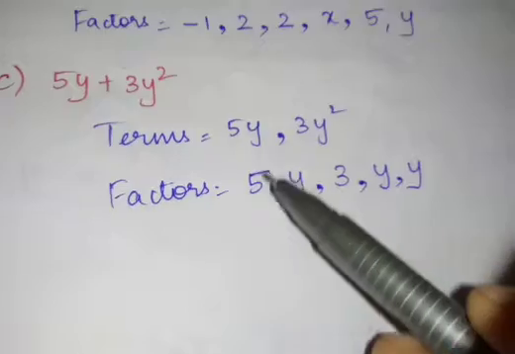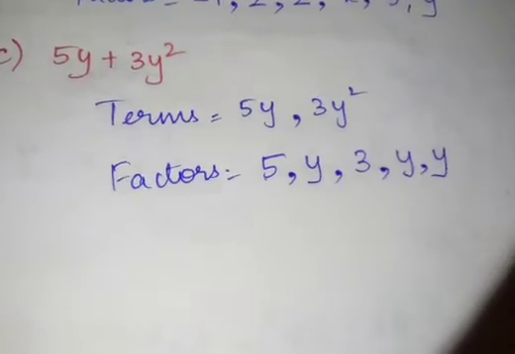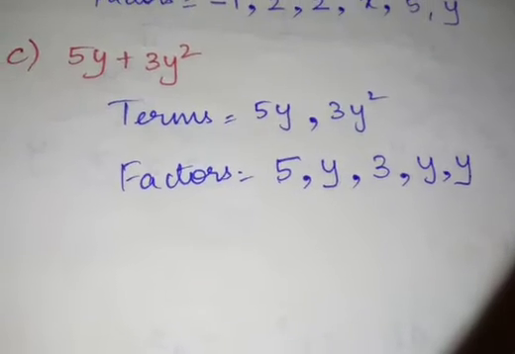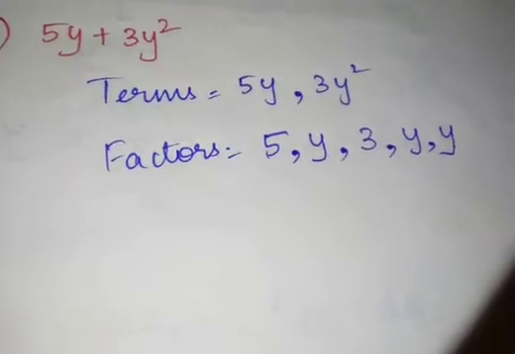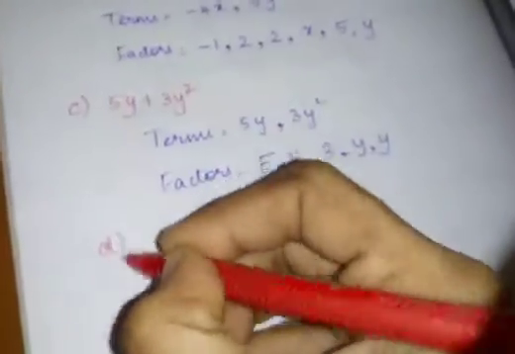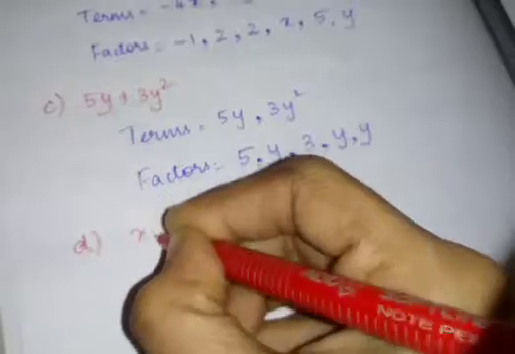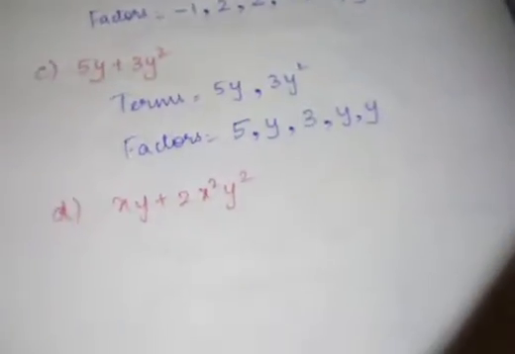Because 5y means 5 into y, and 3y square means 3 into y into y. You have to separate all these numbers using commas.